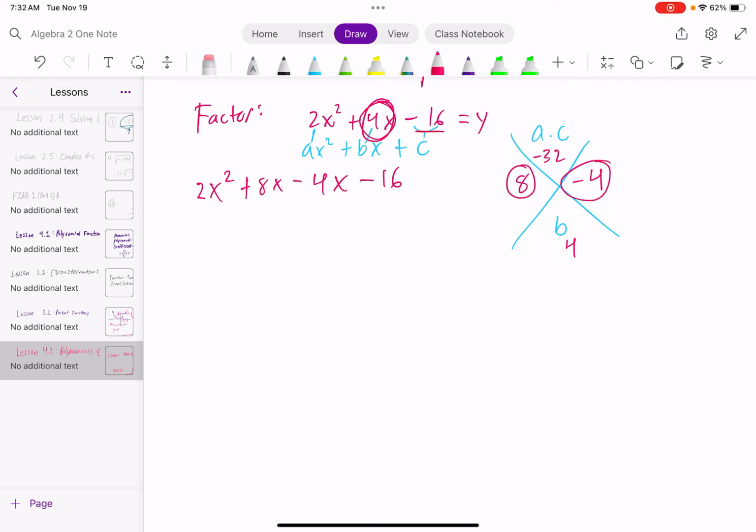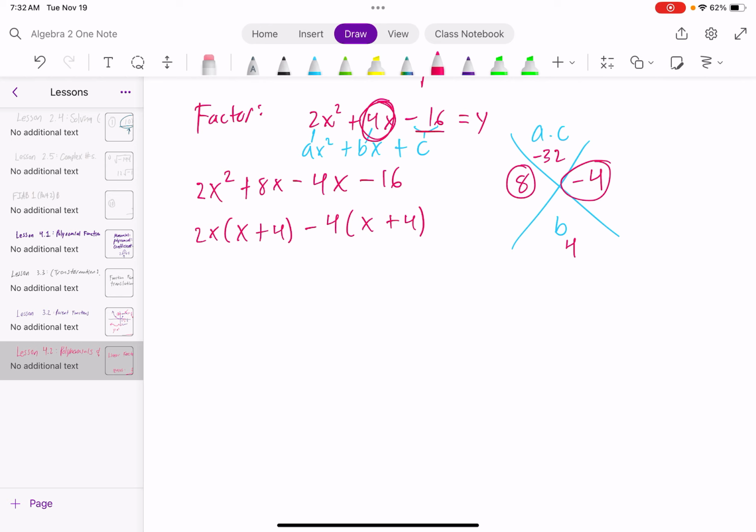See, this way I don't think it will work. Let's try it. 2 times x squared plus 4x. And if I take out a negative 4, I have x plus 4. Oh my God. Let's do this one more time. I forgot something. Let's take out a 2x. We got x plus 4 minus 4 times x plus 4.